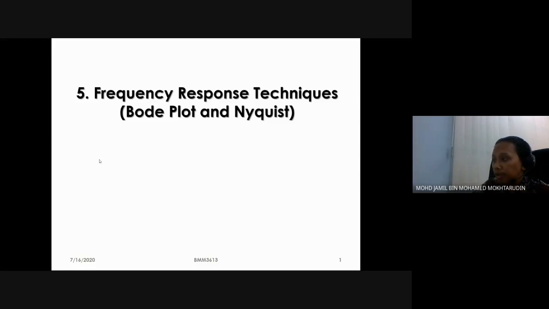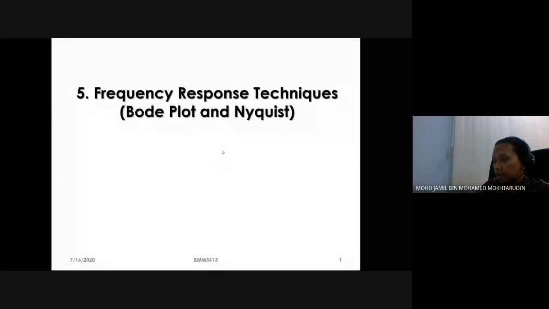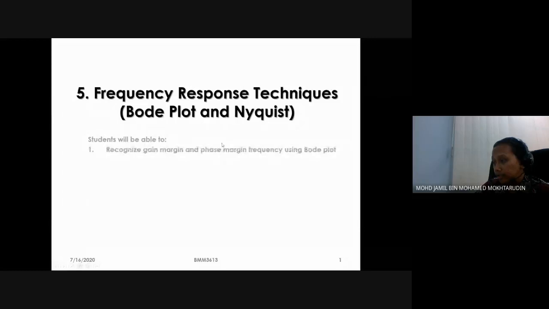Okay, so these plots also describe the transfer function, but they plot the transfer function by varying the frequency of the system. So instead of varying the gain, these two plots vary the frequency. Students will be able to recognize gain margin and phase margin frequency using Bode plot.